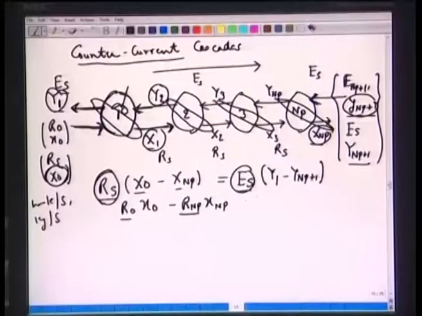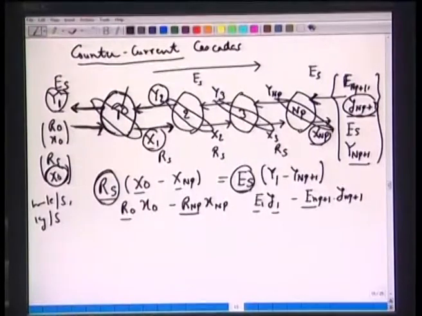Similarly, for this Es, we could have written E1 small y1 minus what enters here, ENP plus 1 into small yNP plus 1. But if we work on solid free basis, E1 and ENP plus 1 can be replaced with Es, and small mole fraction y can be replaced with capital Y and X.